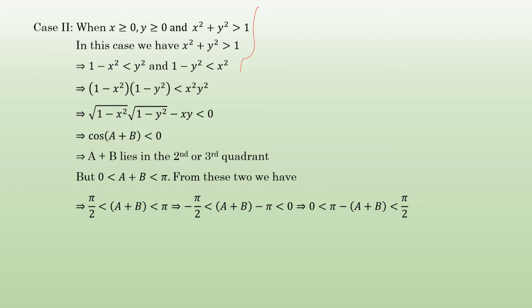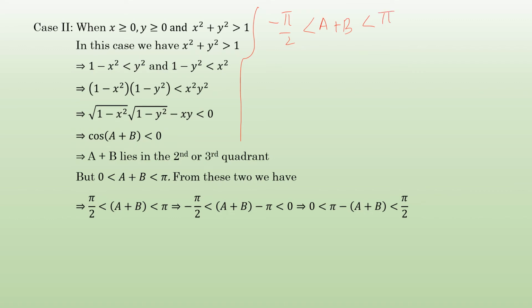Okay. So you see here, actually, finally we got pi by 2 less than, not equal to. I am erasing that. So you see, pi by 2, then here it is a plus b, and then it is pi only.